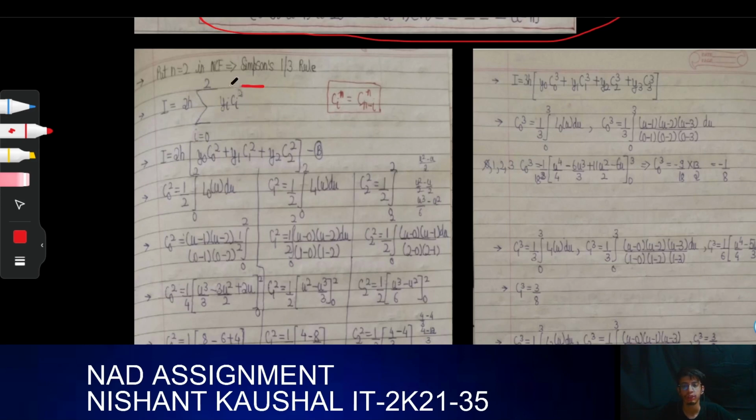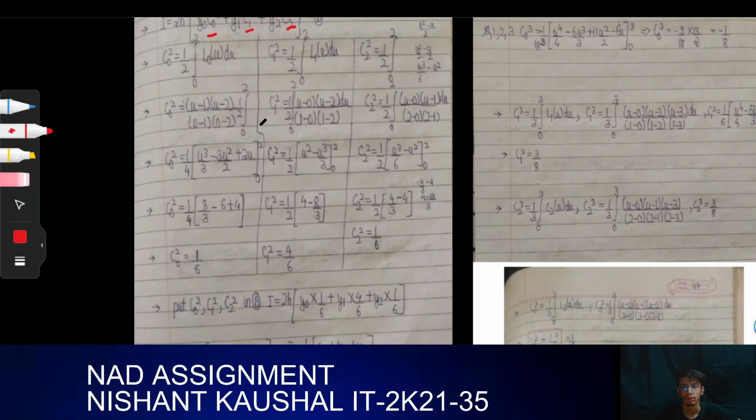Now we will find what ci square's values. So we will find c0, c1, c2. So c0 would be (u minus 1)(u minus 2) upon (0 minus 1)(0 minus 2).